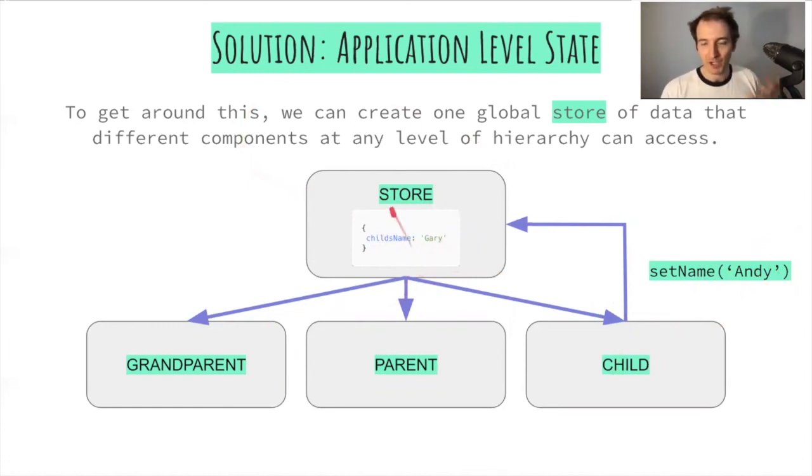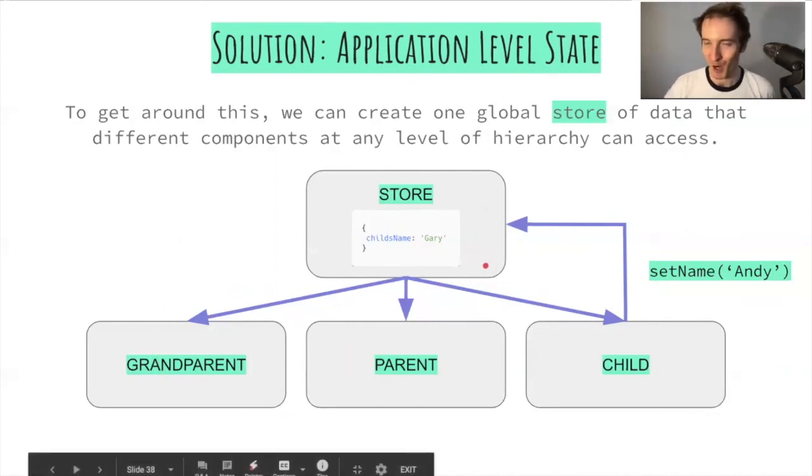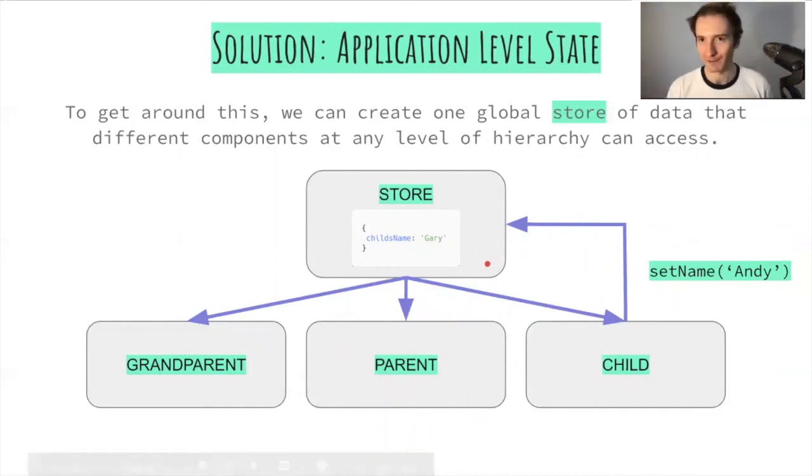And then because we're tapping into that store for each of our components, we'll automatically re-render the grandparent, parent, and child. So this whole paradigm just makes everything so much easier for defining components that need to interact with some state at all levels of the hierarchy.